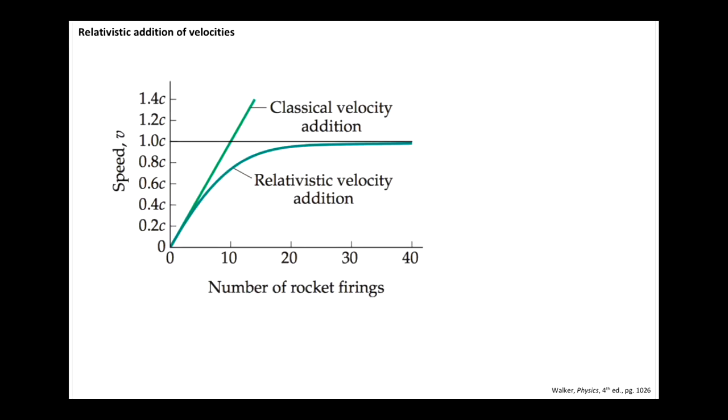And as I go faster and faster, each one of my rocket firings, which haven't changed, it's the exact same amount of strength, gets me less out of it. It gets less acceleration because I have this upper limit on my velocity. Which means at some point I reach this point and I could fire my rocket for all of eternity and never really go any faster, which is kind of depressing.